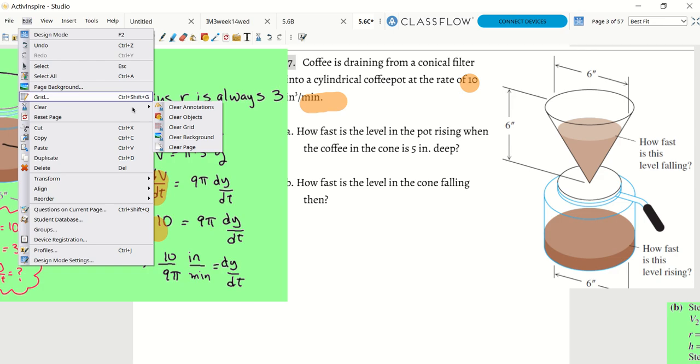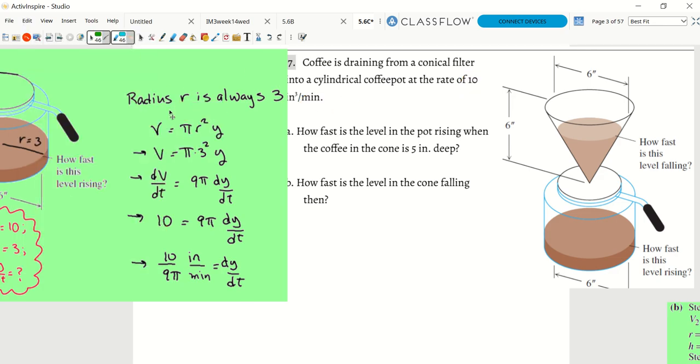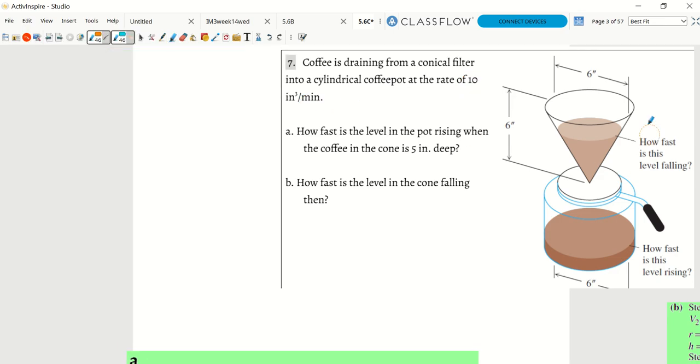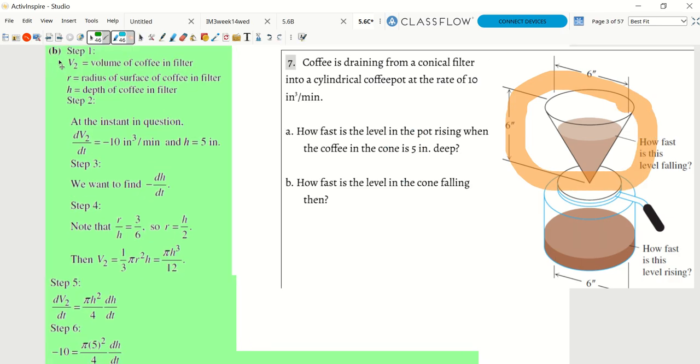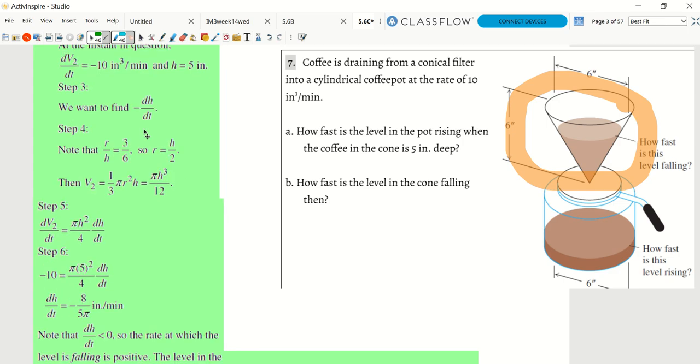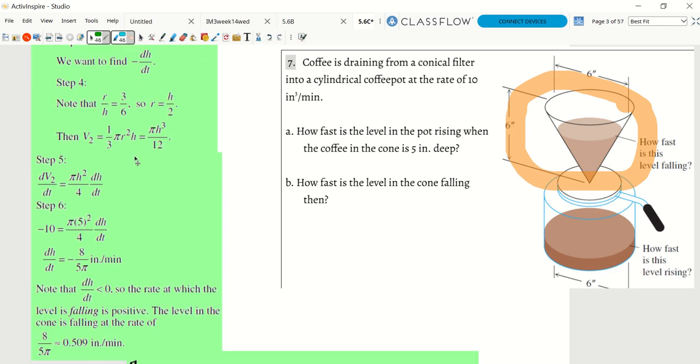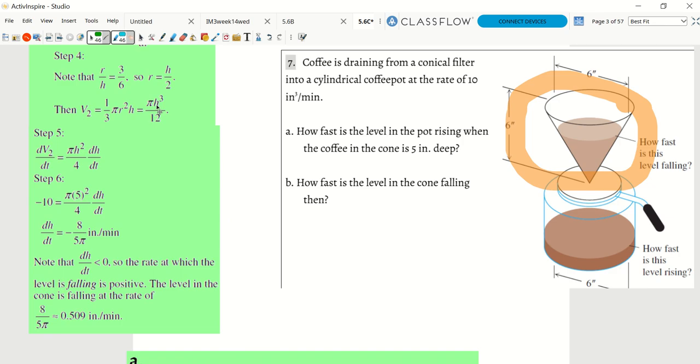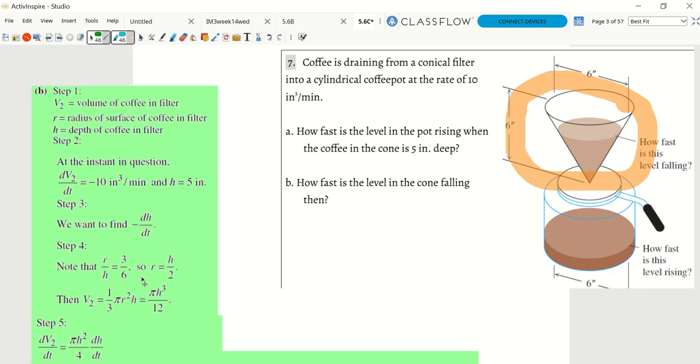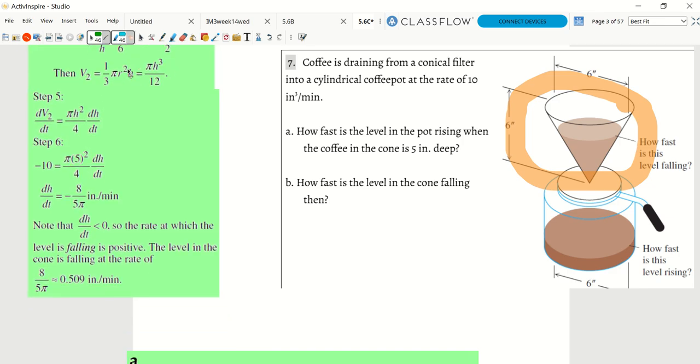Here we go, part B. It refers to the cone, so we're going to use 1/3 pi r squared h. I am just going to jump straight to here in the answer key. It's asking for dh/dt, because how fast is the cone falling?